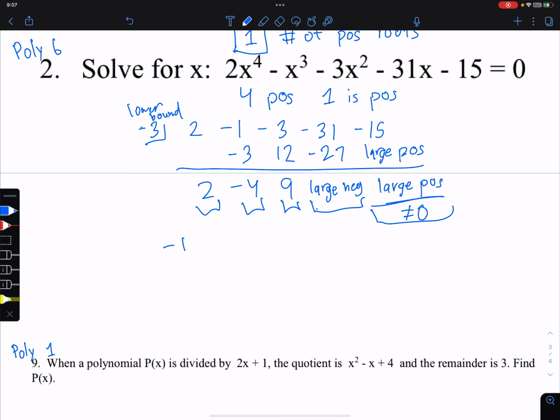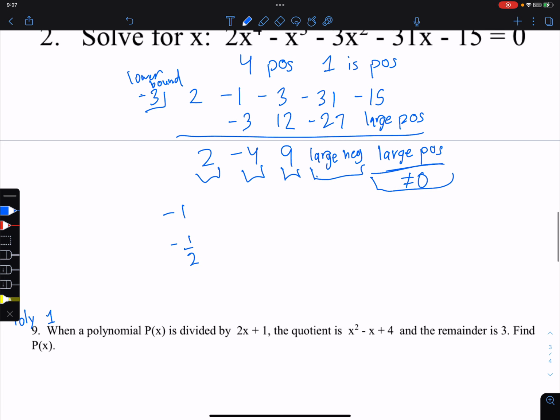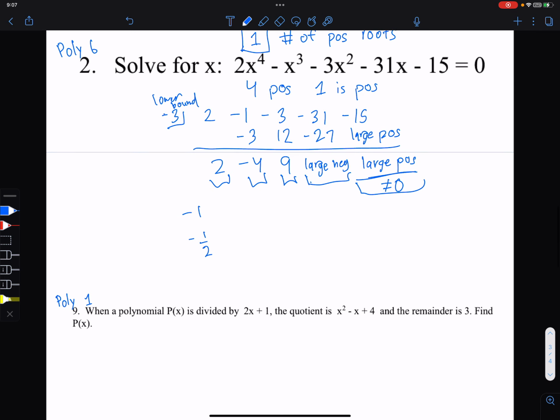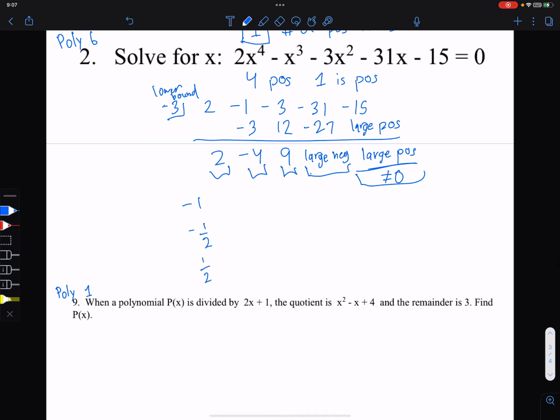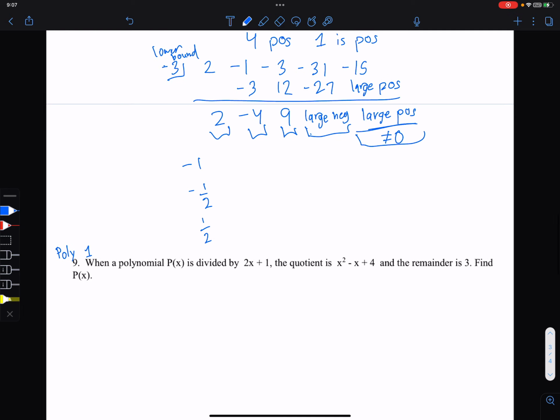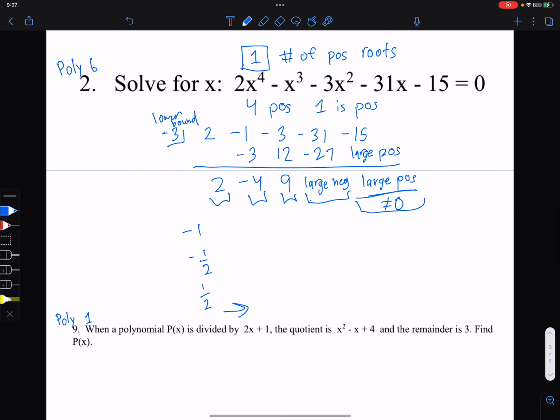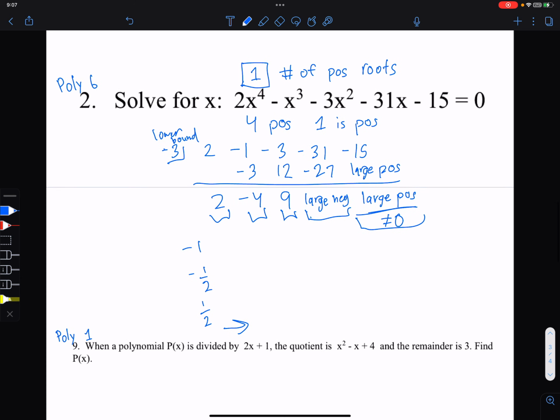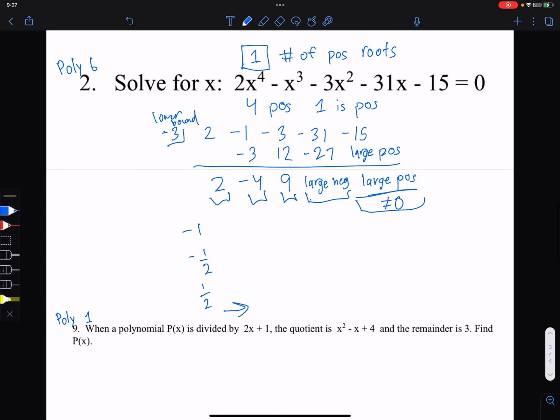There's -1, there's -1/2, and then there is 1/2 that you could do, and then you could keep on going up. But because only 1 out of 4 of the roots are positive, it's probably likely that it's negative.